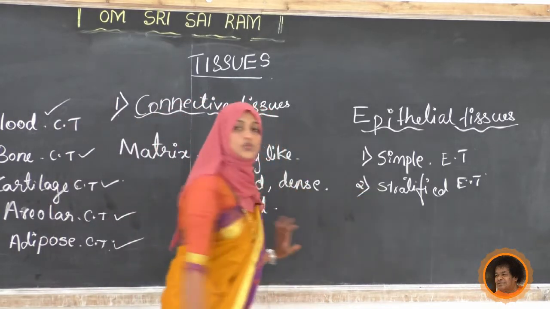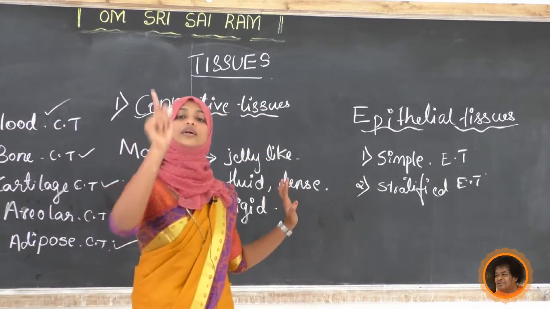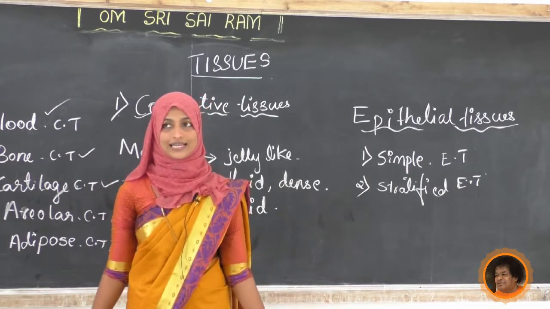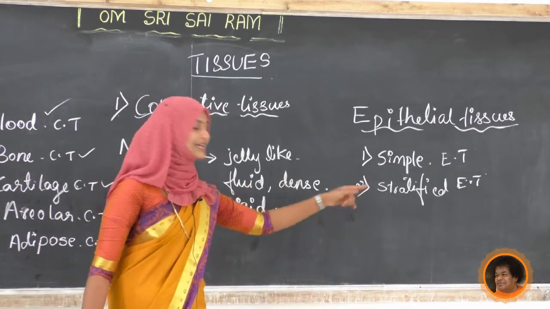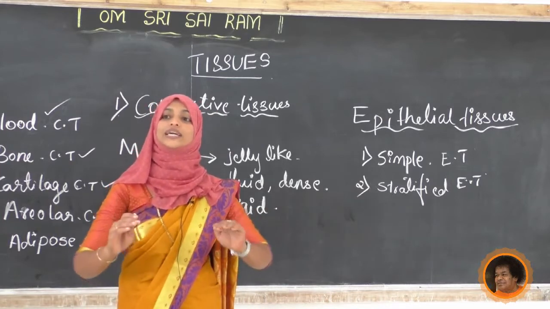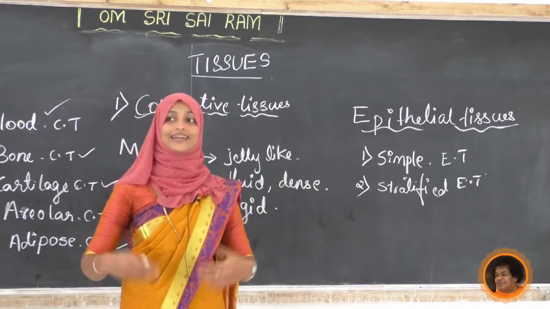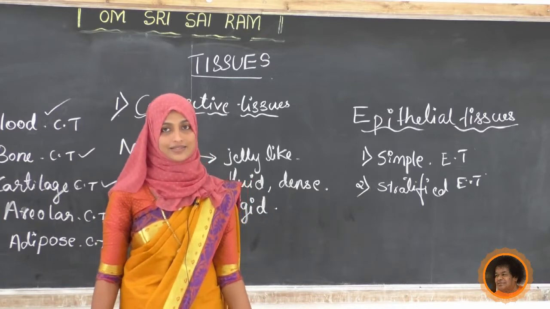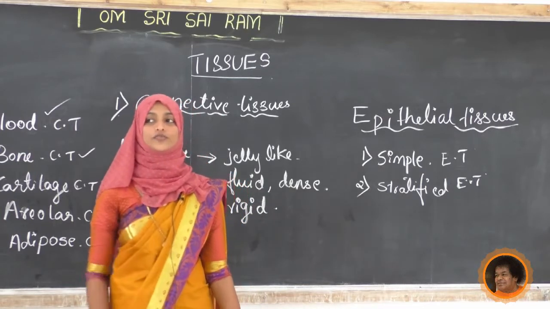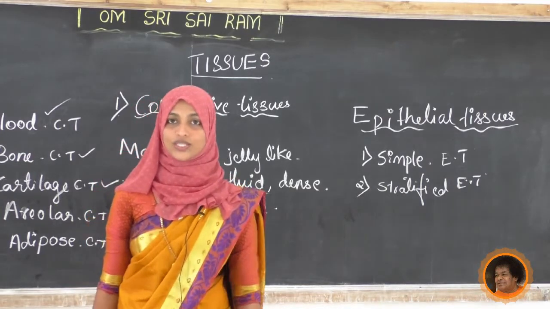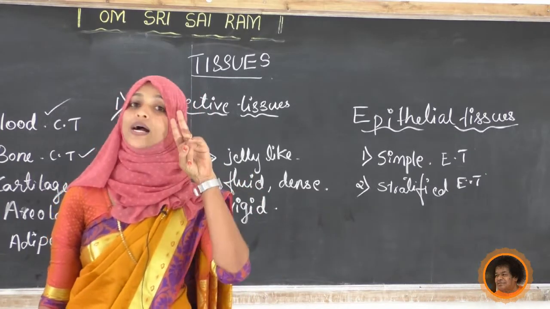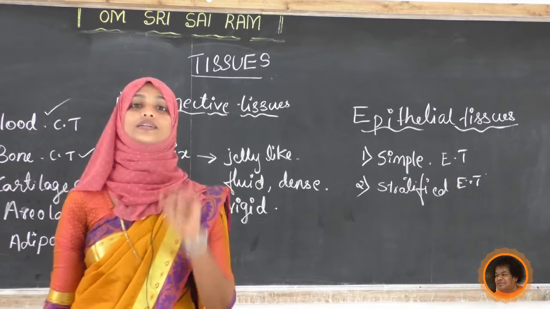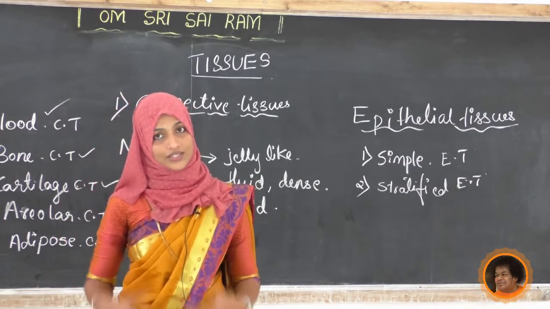Simple means what? It is having only one layer of cells or one layer of tissues. In stratified epithelium we can see more than one layer, arranged in patterns of layers. These are the 2 types of classification of epithelial tissue based on the layers of the tissues.